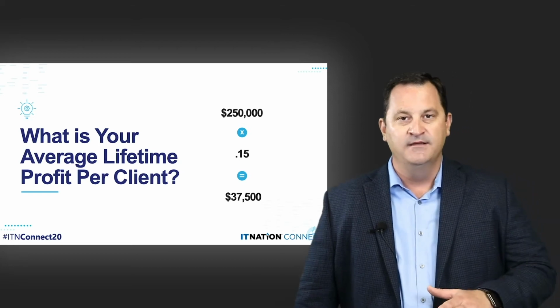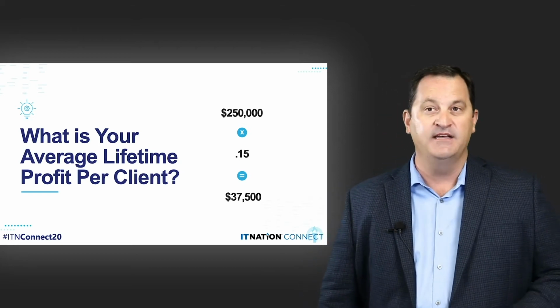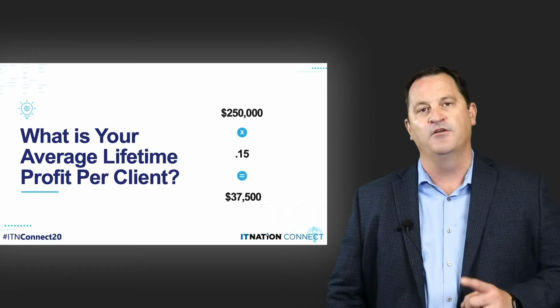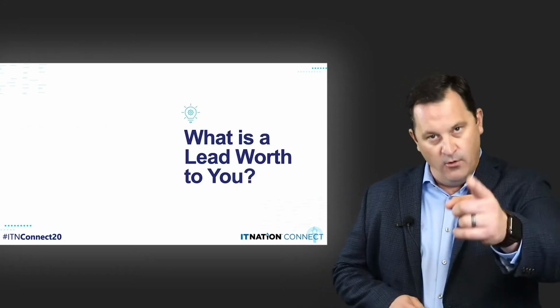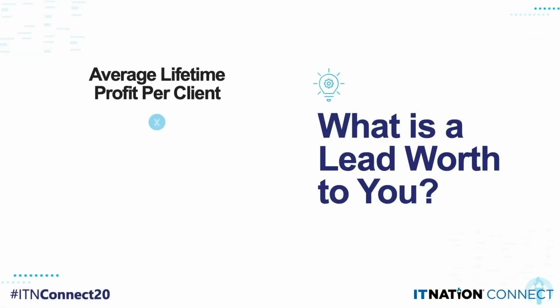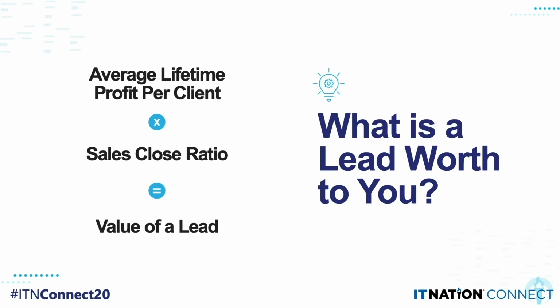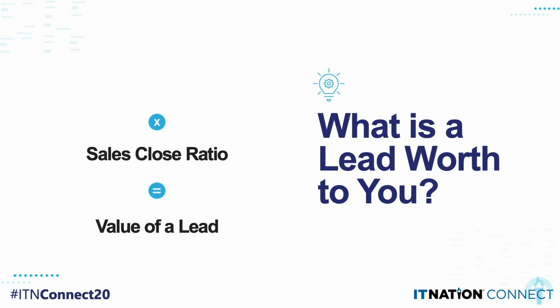Now, of course, not every lead you get is going to become a customer. So we're going to have to figure out what a lead is worth based on real math, your math based on your numbers. We're going to take that average lifetime profit per client and multiply it by our sales close ratio in decimal form. That's going to give us the value of a lead.